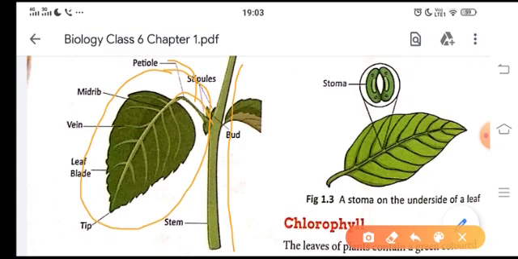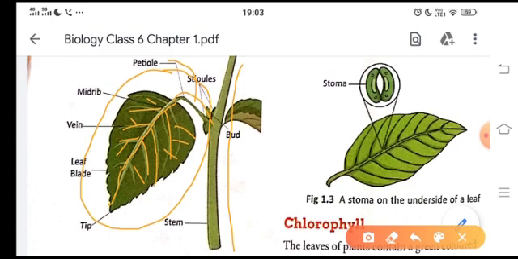Now, next is midrib. Children, midrib is the central line present in the leaf. It divides the leaf into two halves. Now, from this midrib arise many branches. Now, these branches are known as veins.